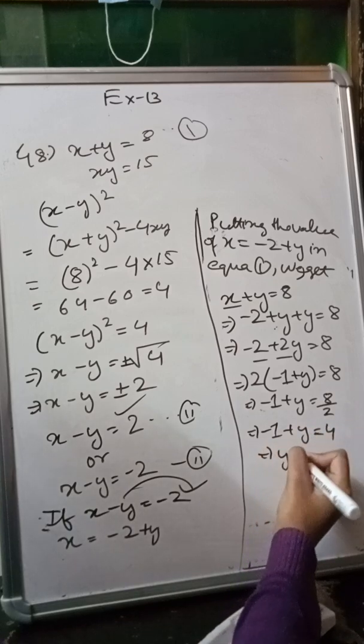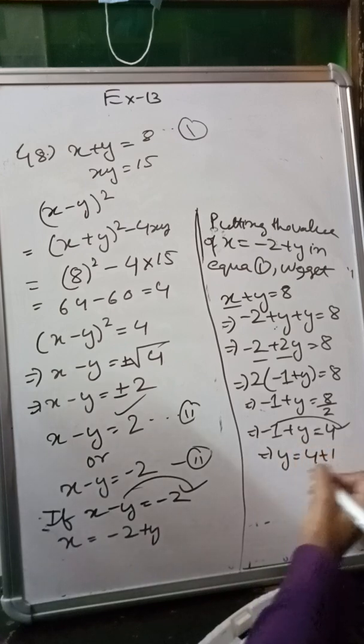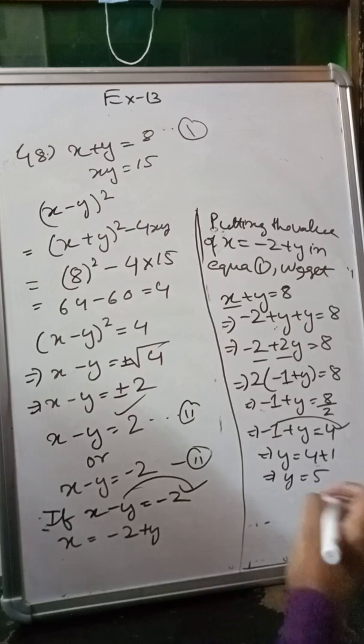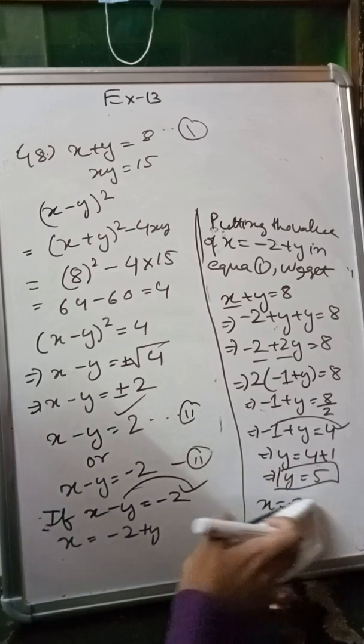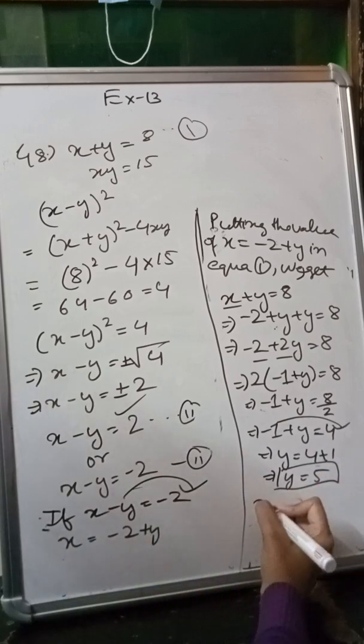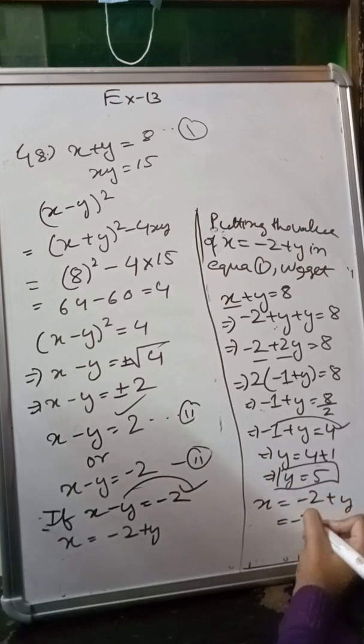So y is, we will take this 1 to the other side, so it becomes positive, 4 plus 1. So y is 5. Then what will be the value of x? x is minus 2 plus y, minus 2 plus 5, that is 3.